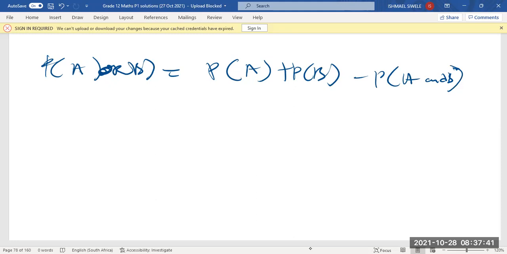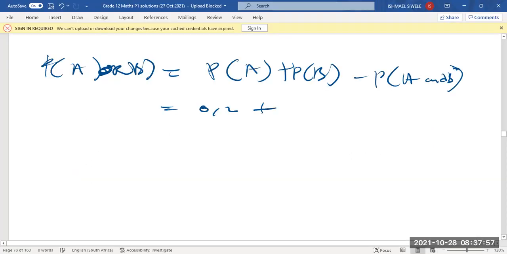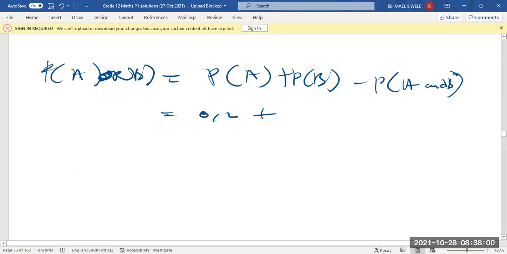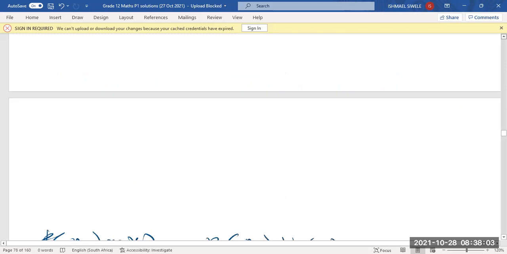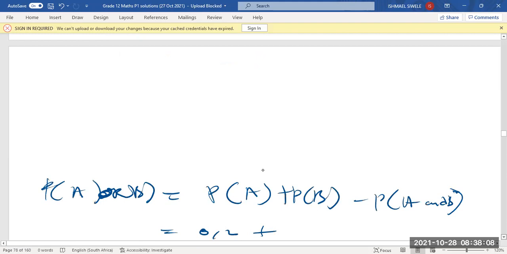This is what you know. So probability of A or B is equal to probability of A plus probability of B minus probability of A and B. Let's just verify. Yes, the probability of A is 0.2. And what is the probability of B? We did find the probability of B to be 0.55, right?